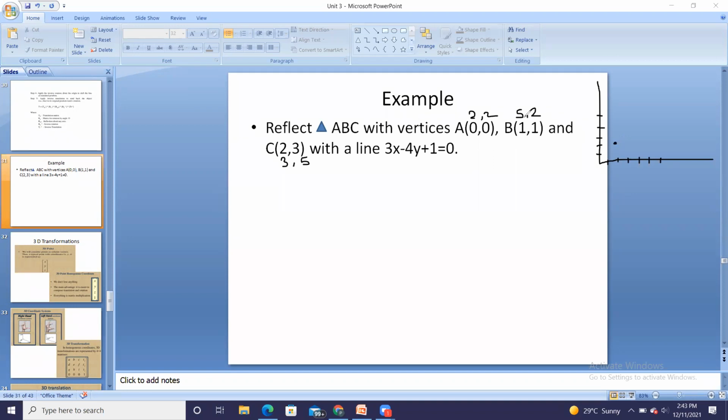Then I'm having (5, 2). 5, 2 is here. And (3, 5). So 3 and 5 somewhere over here. Okay. So this is my triangle, triangle ABC. Okay. Right. So this is my A point, B and C respectively.